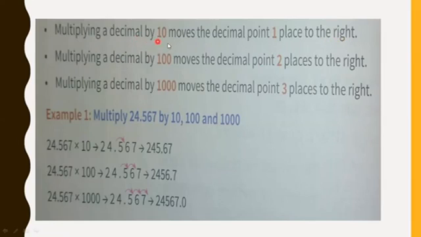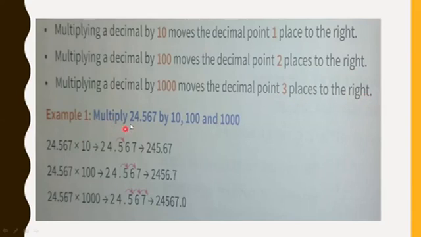Multiplying a decimal by 100 moves the decimal point 2 places to the right. Multiplying a decimal by 1000 moves the decimal point 3 places to the right.